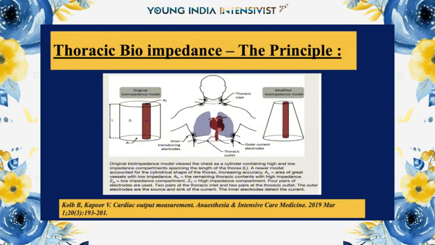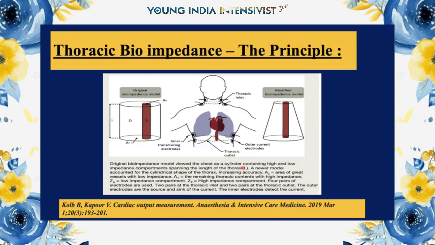The baseline impedance and change in impedance are measured by these inner electrodes. The outer electrodes transmit the current, and the inner electrodes measure it. They measure the baseline impedance and change in impedance. This baseline impedance is inversely proportional to the volume of the conducting fluid and thoracic conductivity.